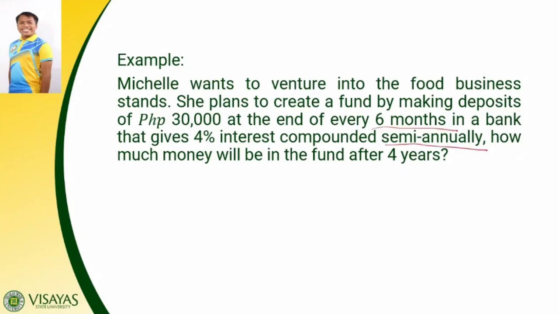The payment interval and the interest period are the same, so again, this is an example of a simple annuity. How much money will be in the fund after 4 years? So how much will be in her fund if she starts making deposits of 30,000 pesos at the end of every 6 months?